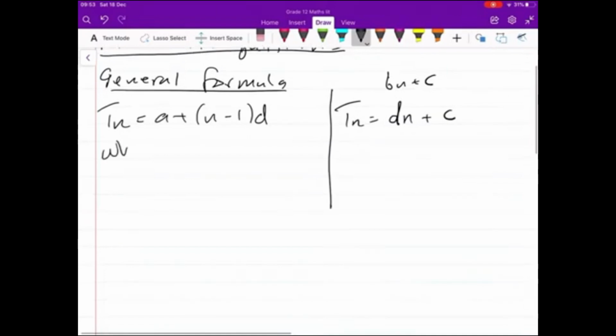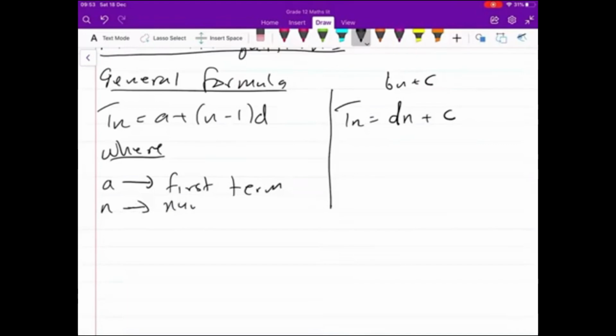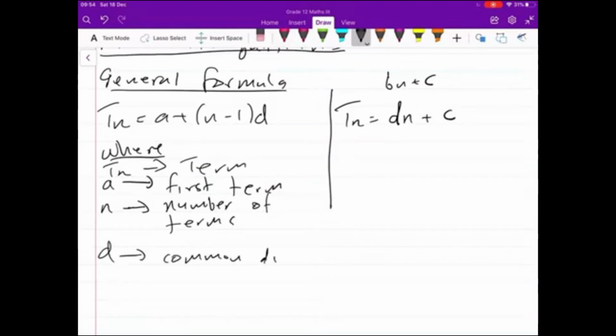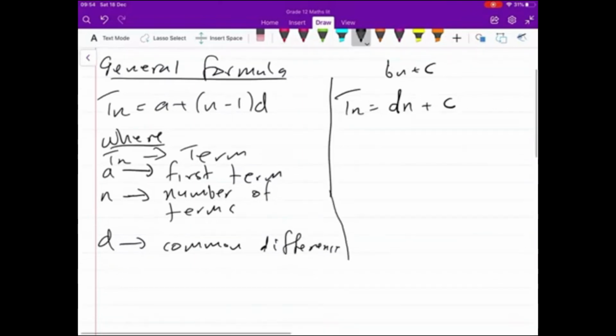Okay, and when you label these things, you know that a is your first term. You know that n is the number of terms in a particular sequence. And of course, you know that Tn is your term in that sequence. And you know that d is your common difference. That's what you learned, and we are going to take a simple example to help us revise this, and we're going to use two methods to solve it.